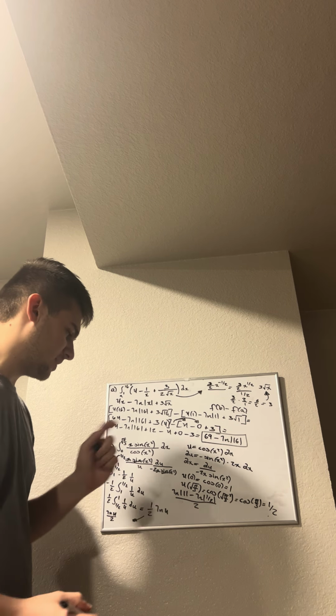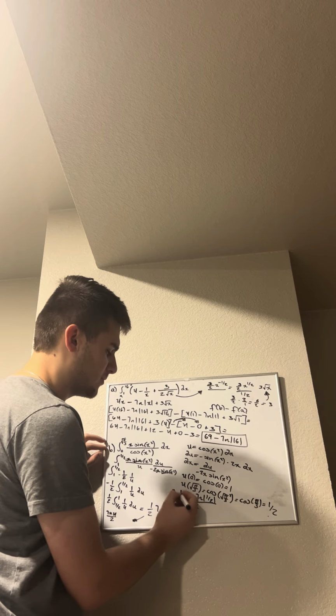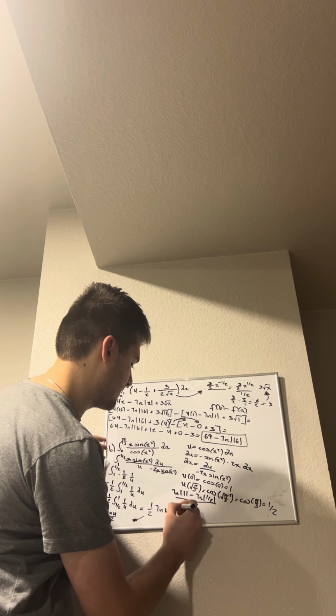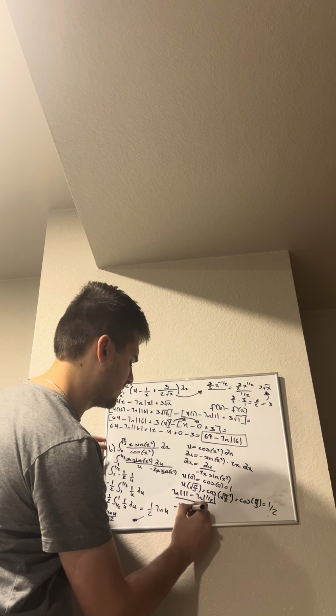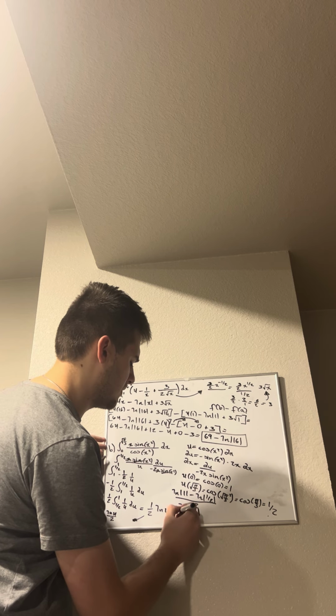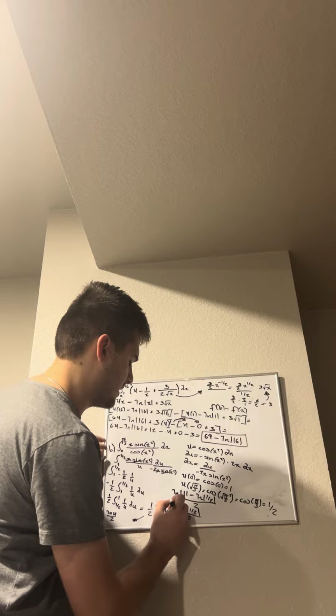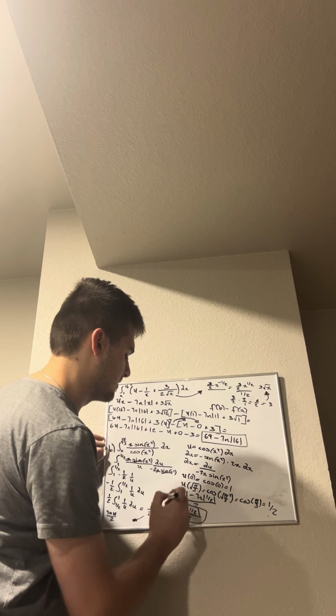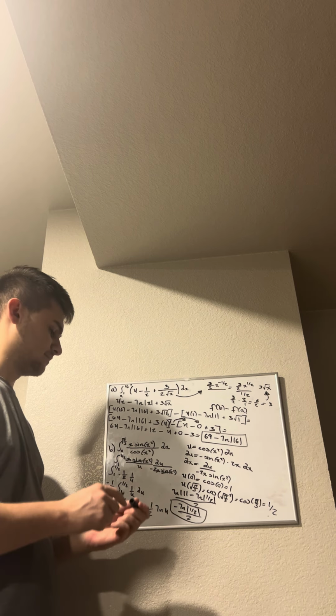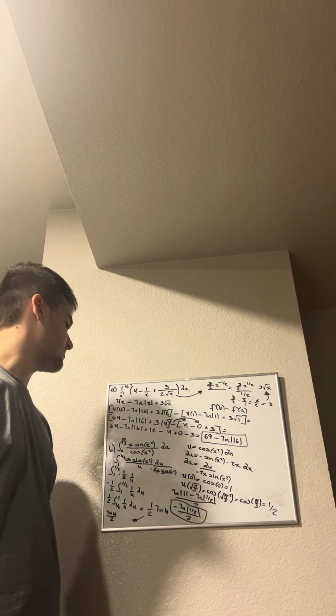So now that we have this, ln of 1 is just 0, so we'd have ln of 1/2 over 2 as the final answer for this expression as well. So that's it for this problem set right here.